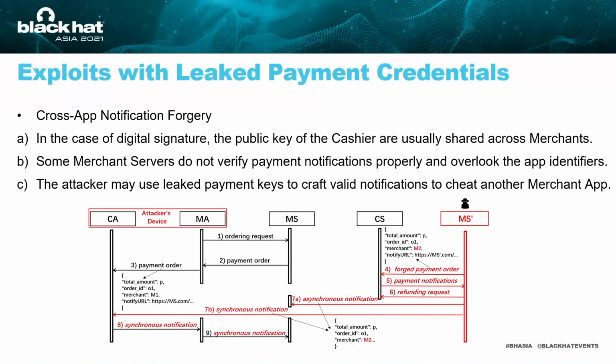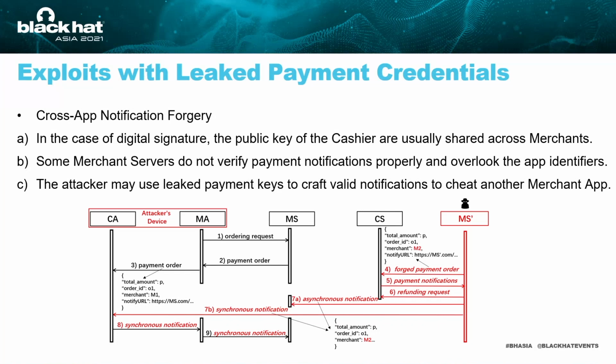The fourth type of exploit is so-called cross-app notification forgery, which enables the attacker to cheat other innocent merchant apps that do not leak their credentials. As I mentioned above, the cashier's public key tends to be shared across the merchant apps in the case of digital signature.